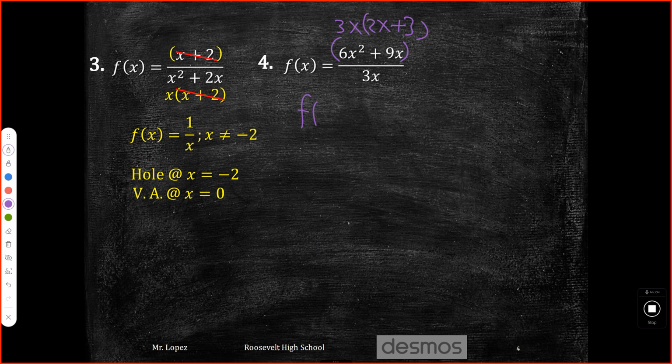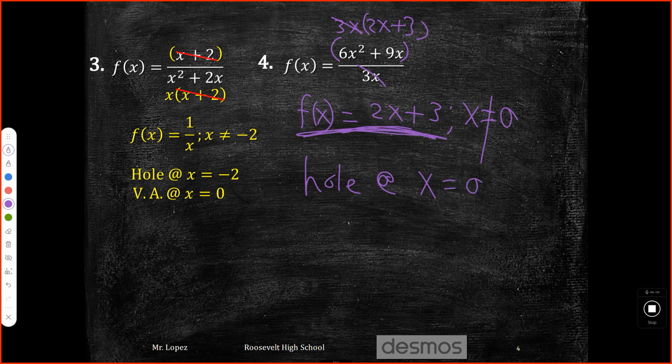So it's going to be f of x equals 2x plus 3. Cancel 3x with 3x. X cannot equal 0. So it only has a hole here. So x cannot equal 0. That one is a hole. So hole at x equal to 0. But there's no problems here because it's just a linear function which is defined everywhere. So it only has a hole here.